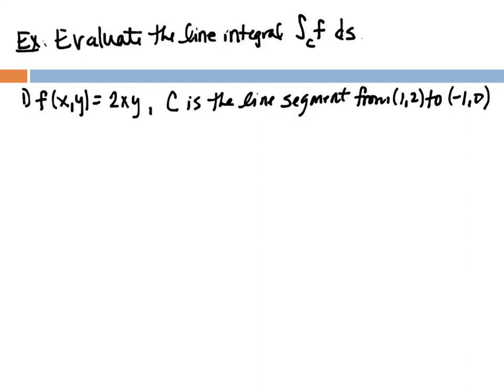It may help you to draw a picture of those two ordered pairs in your xy plane, because we were doing this in 2 dimensions. So I'm starting at the point 1, 2, and I'm ending at the point negative 1, 0. So the line segment that I'm looking at is this one right here.